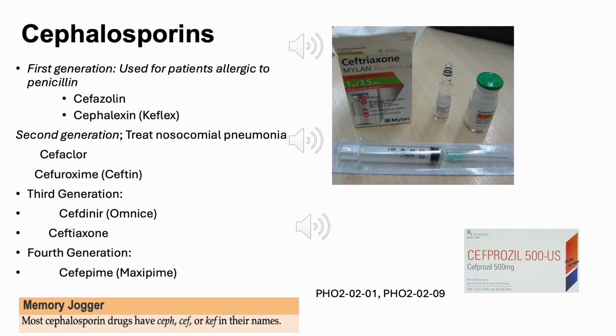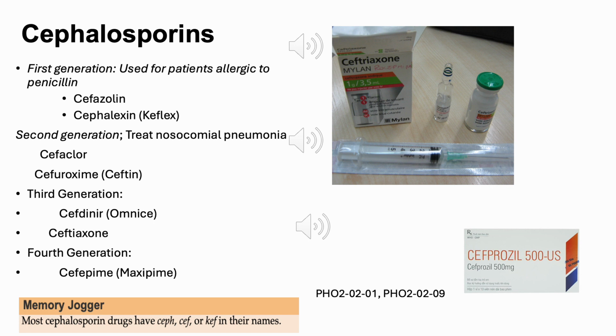Cephalosporins have about four generations of medications here. The first generation is particularly used for patients that have an allergy to penicillin. Cefazolin, cephalexin, known as Keflex. The second generation is used to treat nosocomial pneumonia.